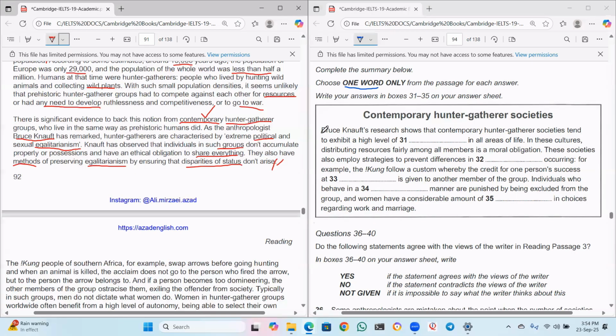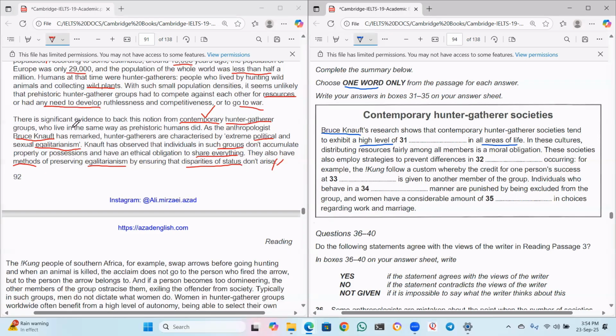Now he's talking about Bruce Knauft. So I think he's talking about this exact paragraph that we read just now. Bruce Knauft's research shows that contemporary hunter-gatherer societies tend to exhibit a high level of dash in all areas of life. They exhibit a high level of something. What is that? Let us read the paragraph again.